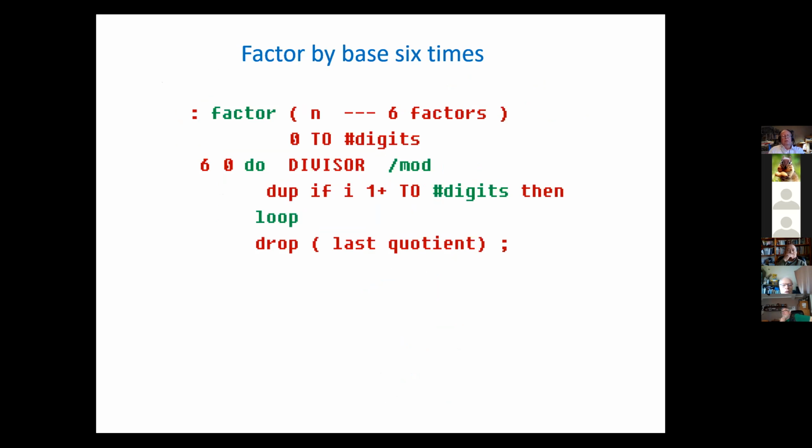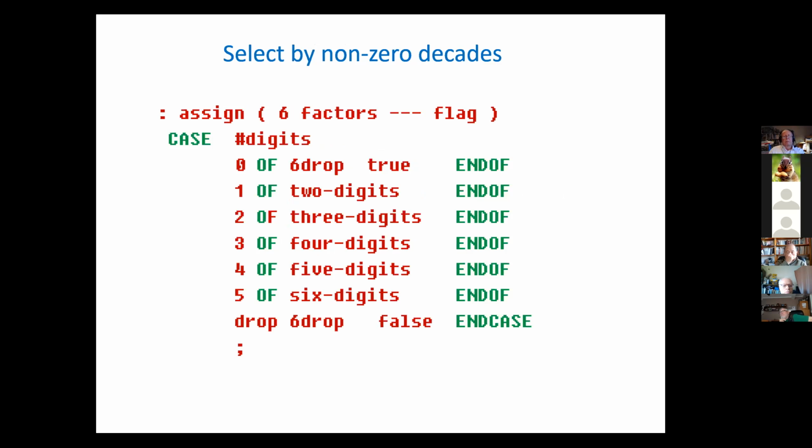The first one is taking our individual number and breaking it into 6 digits, factoring it in decimal form. So that code takes one number and gives us 6 stack values. We take those 6 stack values and then run through a case statement. If we only have 1 digit, which is the 0 case, every 1-digit case is palindromic.